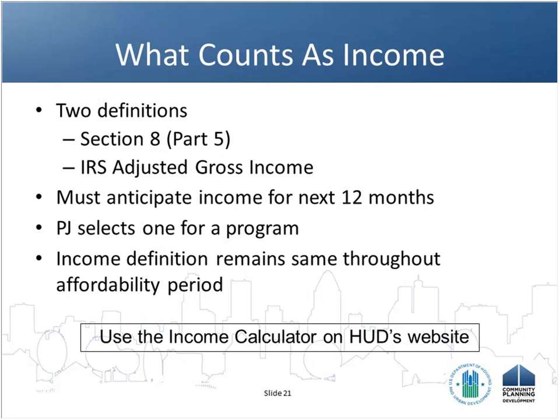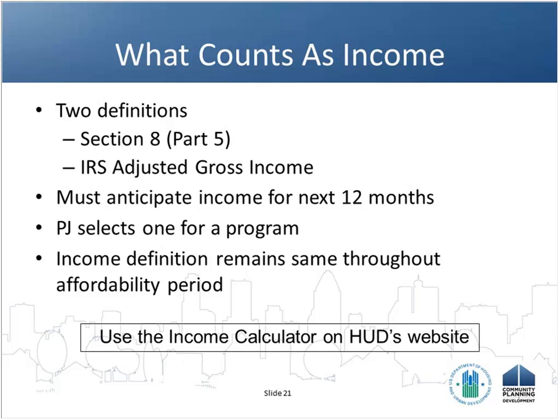That's different between what Section 8 is looking at. They also have an asset test as part of Section 8. And then IRS makes some adjustments based on the 1040 long form and the adjustments that are allowed under that definition. And so that written agreement needs to clearly identify which definition is going to be used.